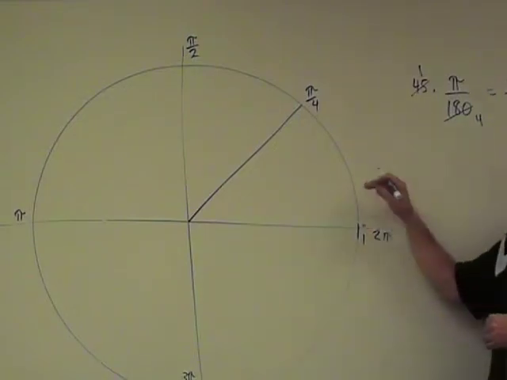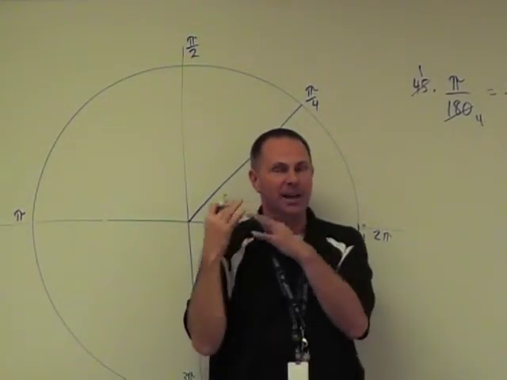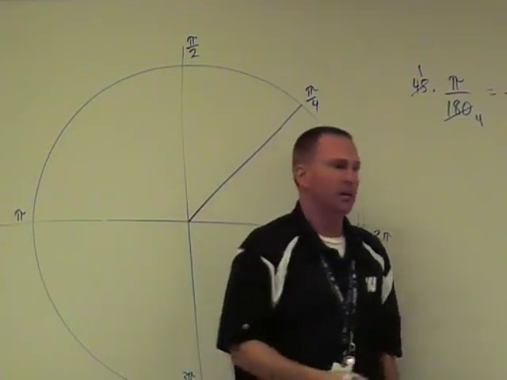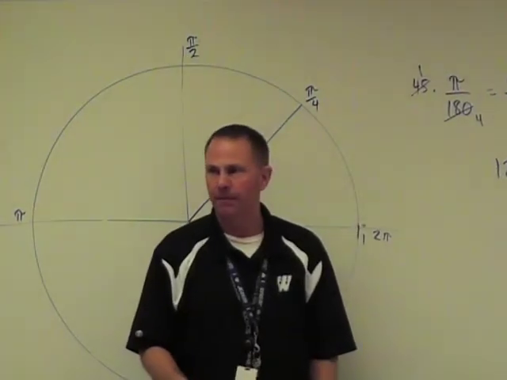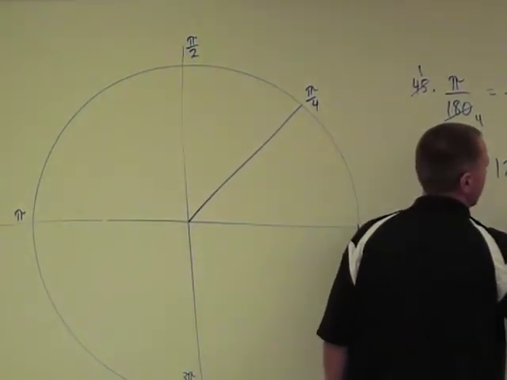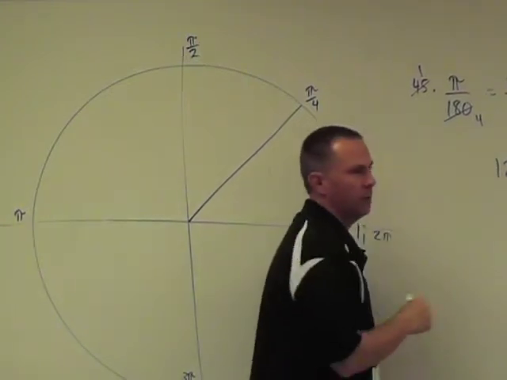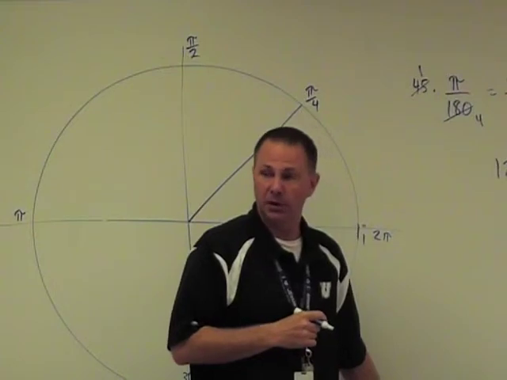So it's not just the 30, 45, 60, 90 degree angles that you can do. You can do anything. If I said, what's 12 degrees in terms of pi? That's not a nice, neat thing. So multiply by pi over 180. Well, 12 and 180 reduce by 12, don't they?